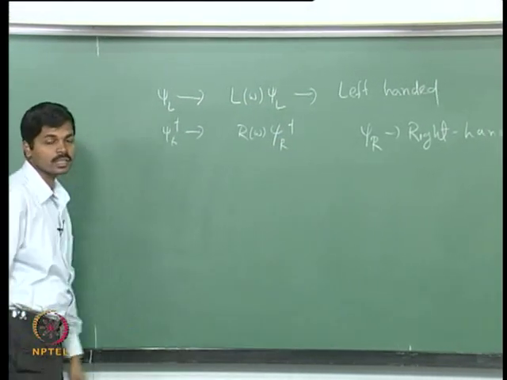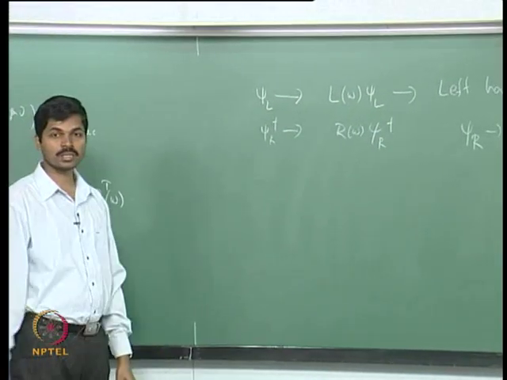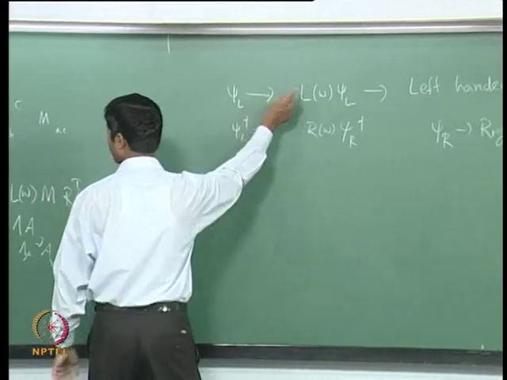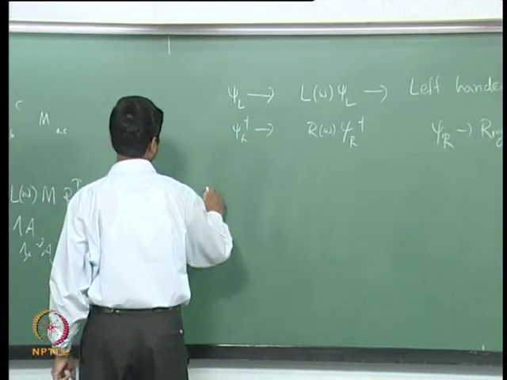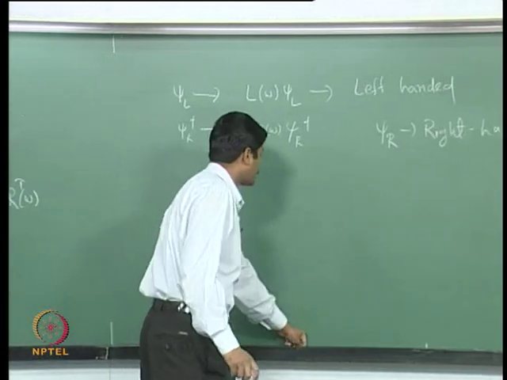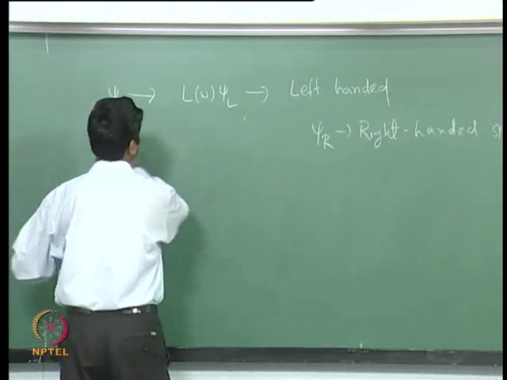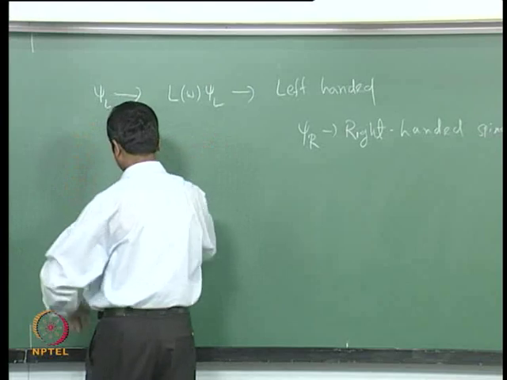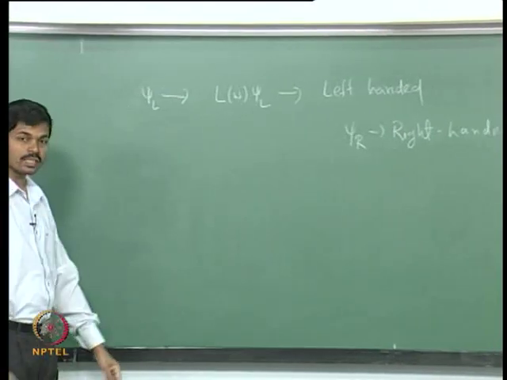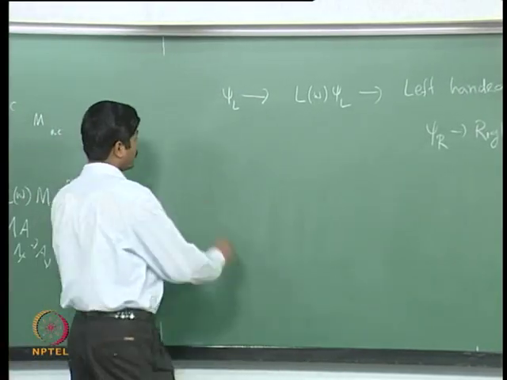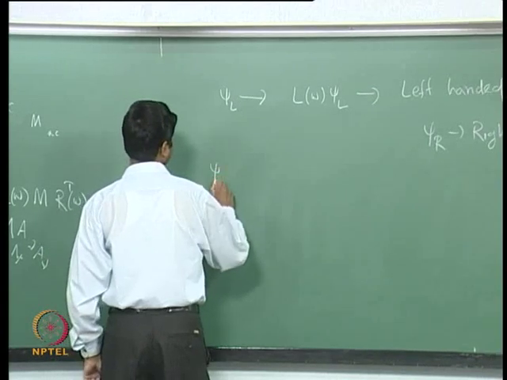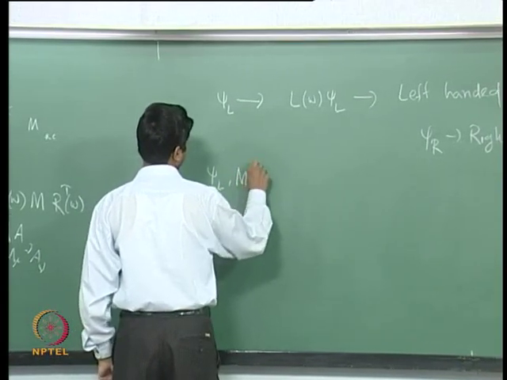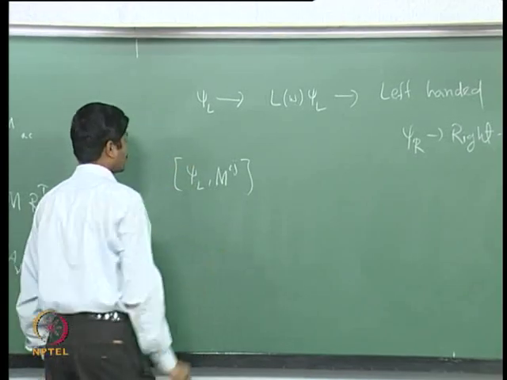What are these fields? These are fermionic fields, and we will see why these are fermionic fields. Let us say you consider the left handed field which under Lorentz transformation transforms like this, and then you consider the commutation relation here, psi L M ij. What is psi L M ij?